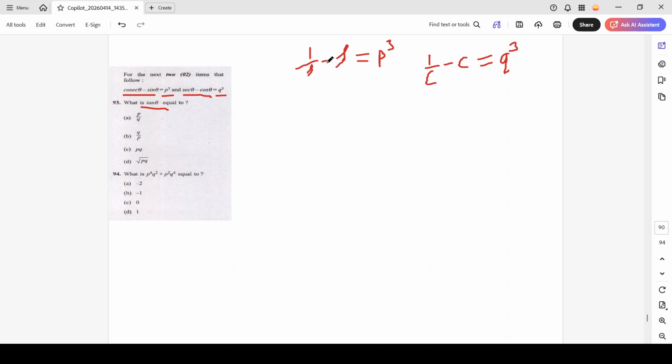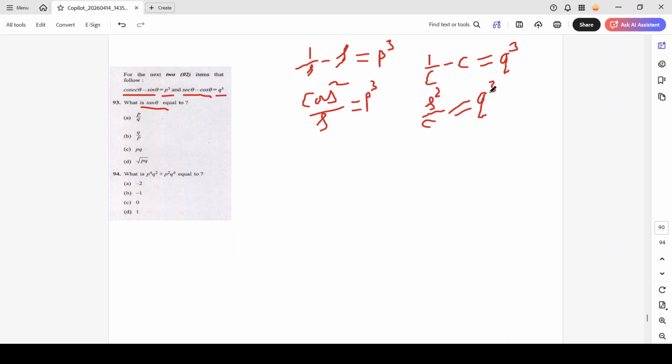Okay, from here I can calculate 1 minus sin square theta is equal to cos square theta, so cos square theta upon sin theta is equal to p cube. And similarly, 1 minus cos square theta is equal to sin square theta, so sin square theta upon cos theta is equal to q cube.